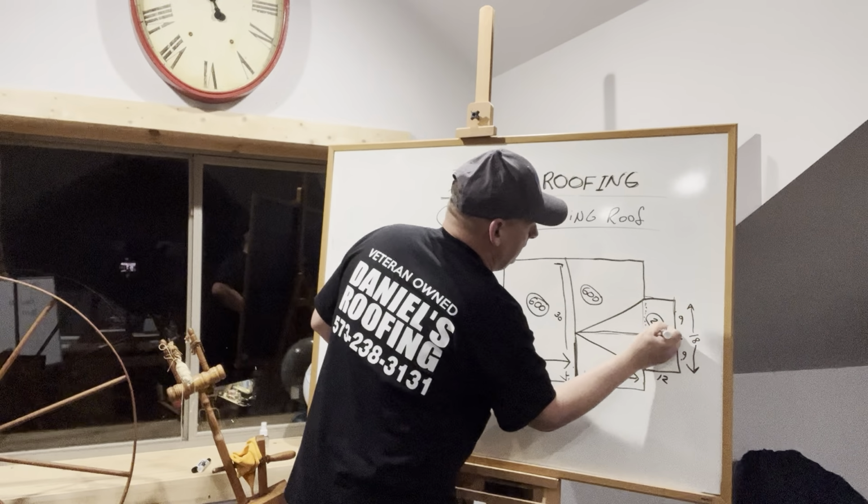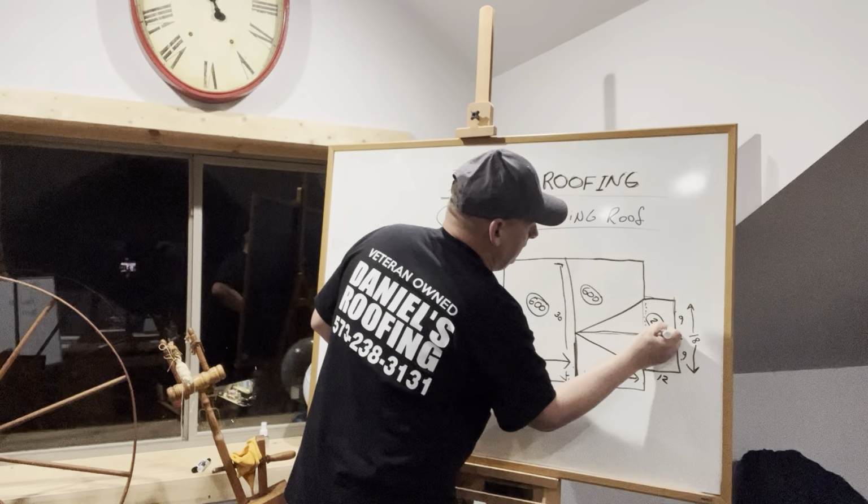So we got 150 plus 600 plus 600 plus 216 puts us at 1,566. This is 1,566 square feet of a roof.